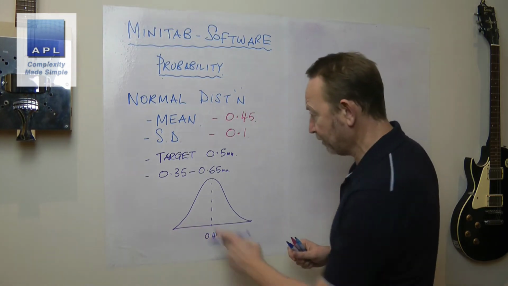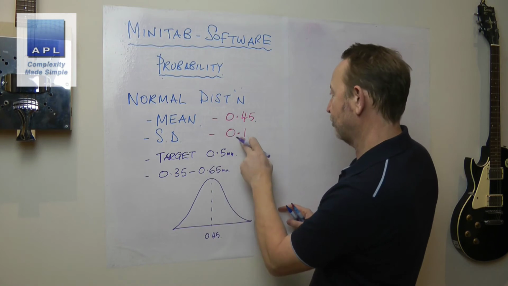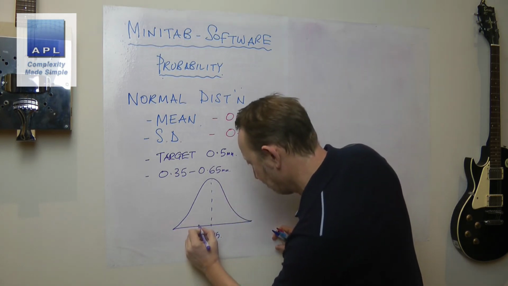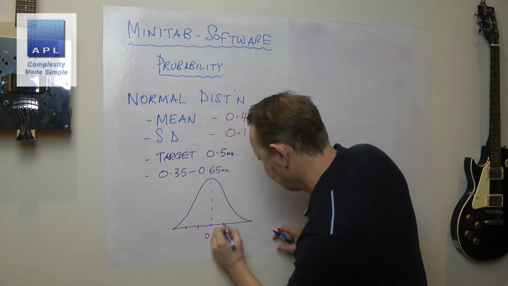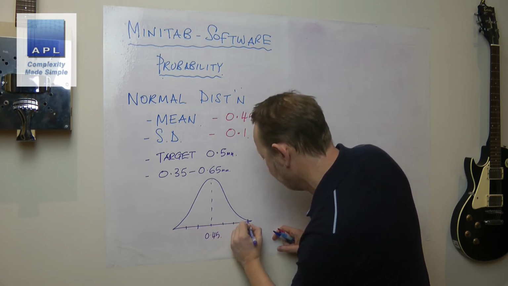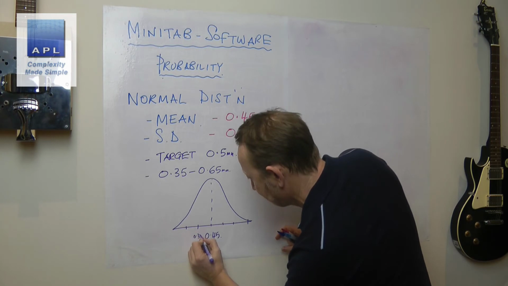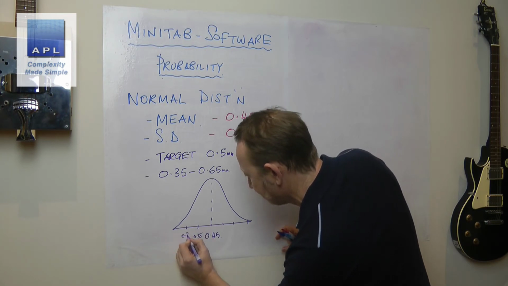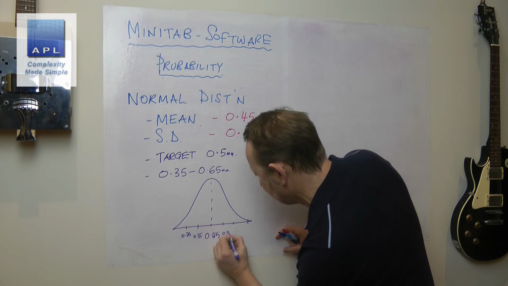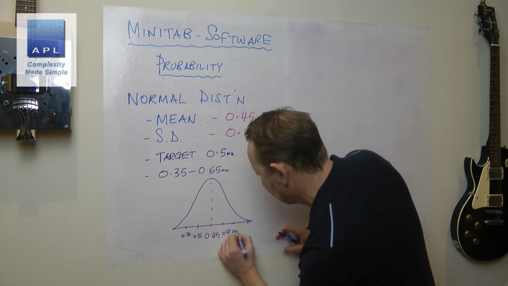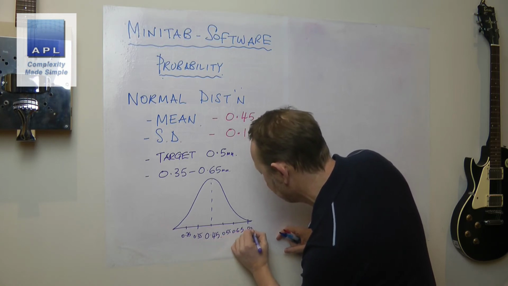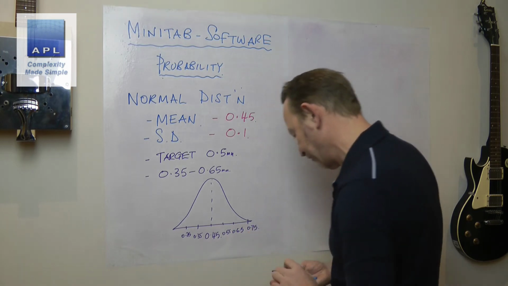at 0.45. They have a standard deviation of 0.1, so they're going to go 1, 2, 3, 1, 2, 3 in each direction. So we're going to go 0.15, 0.25, 0.35, 0.55, 0.65, 0.75.